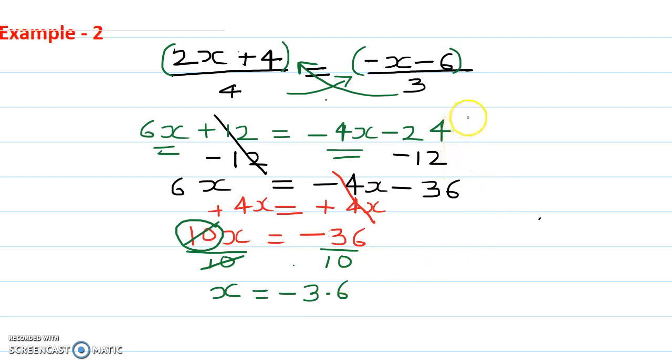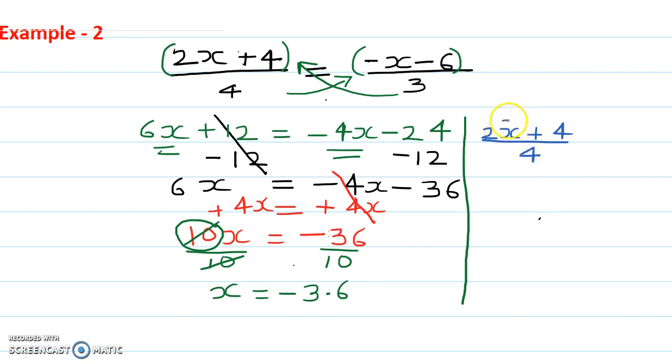And we can do the checking part here. It is not necessary, but you can always check your answer whether it is okay or not. So I will advise you to check. Our left side was 2x plus 4 over 4.